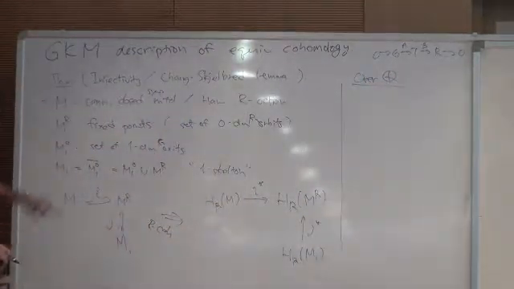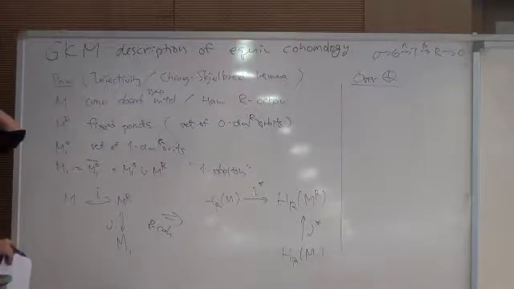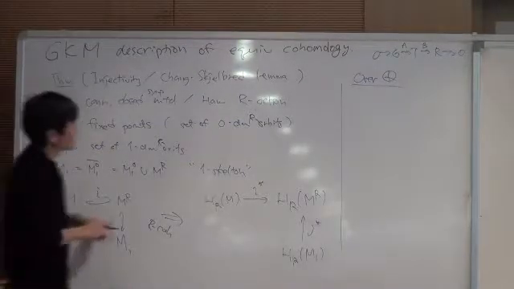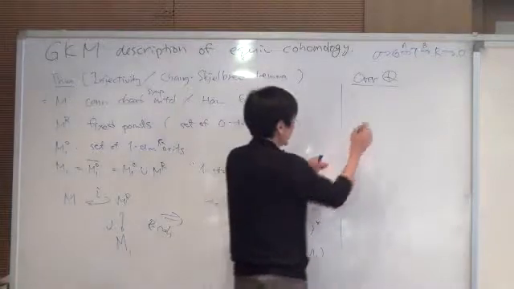There's some subtlety between integer coefficients and rational coefficients. With Q coefficients, life is easy.